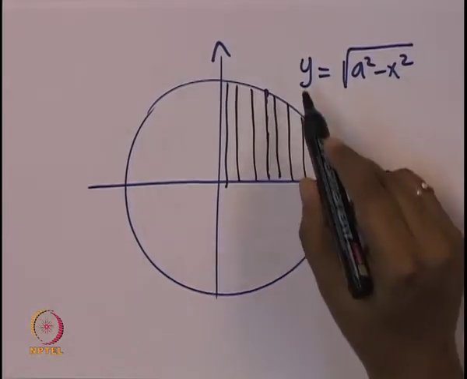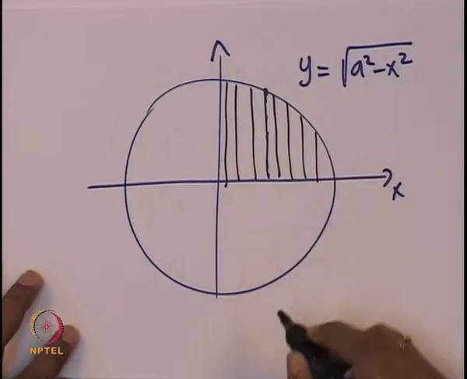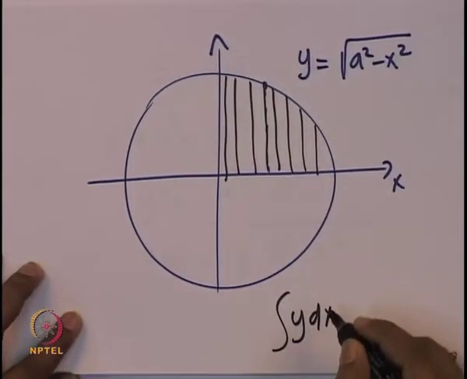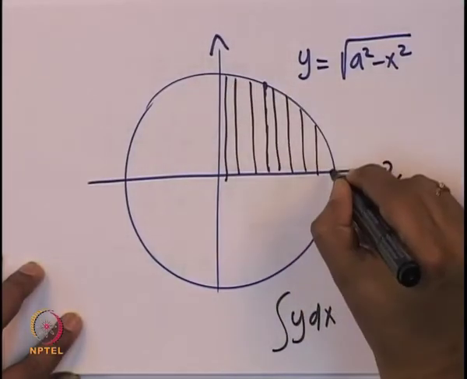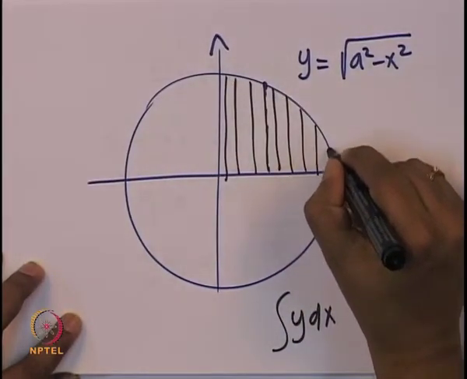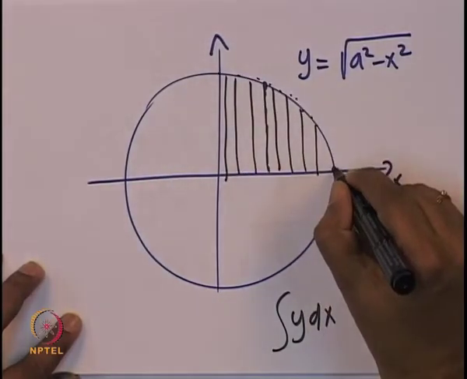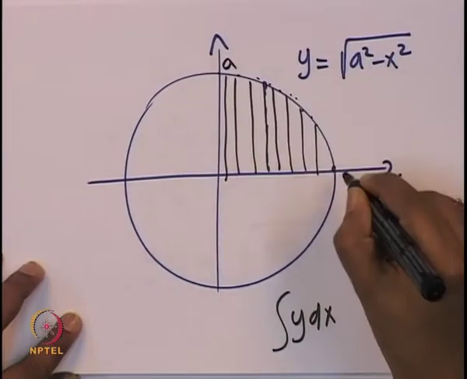We know this y, and we can do this integral of y dx from here to here. So, y starts from here and goes along this curve up to here. This is x equal to 0 and this is x equal to a.